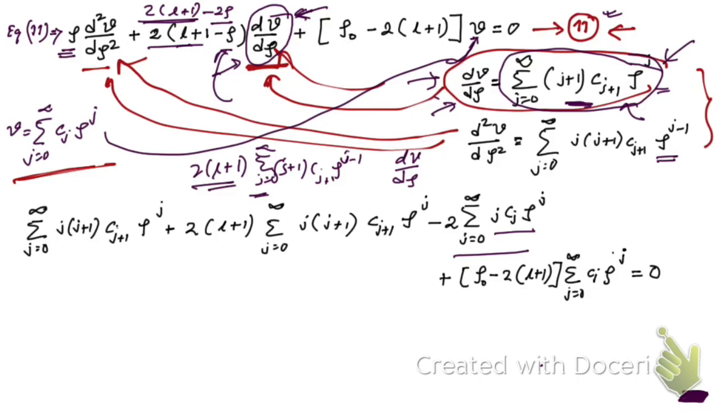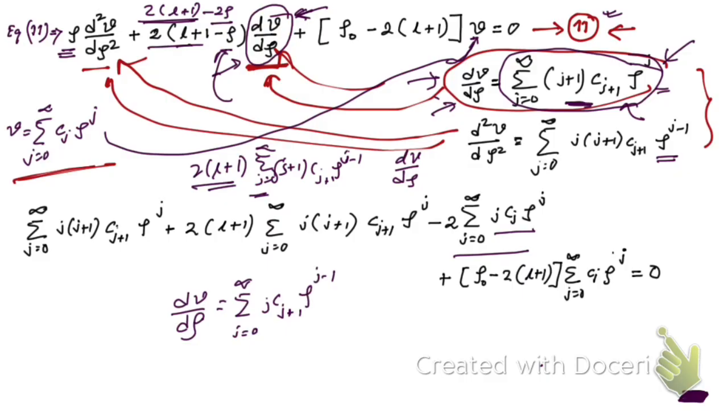Now you see what we have done: initially we had del v by del rho equal to summation j equal to 0 to infinity j c j plus 1 rho to the power j minus 1.